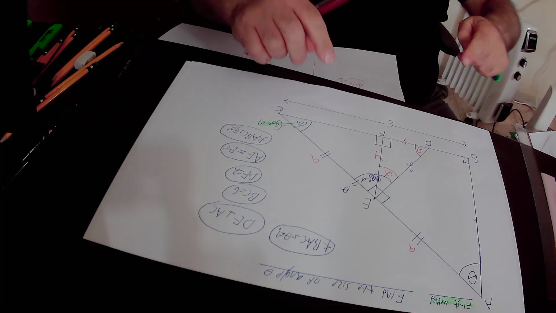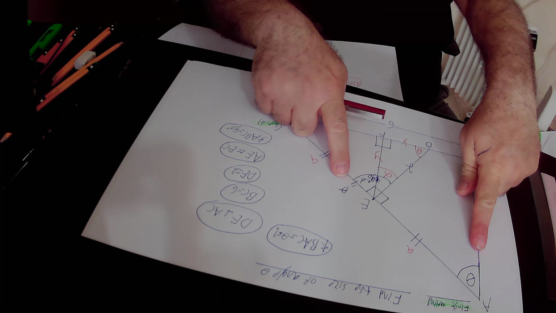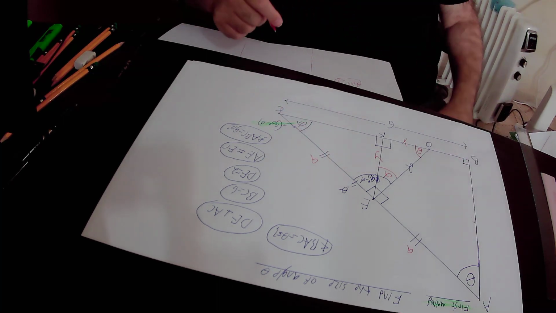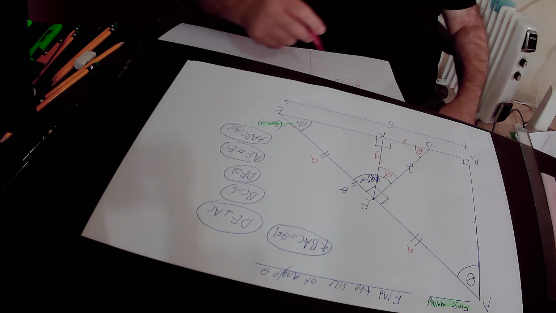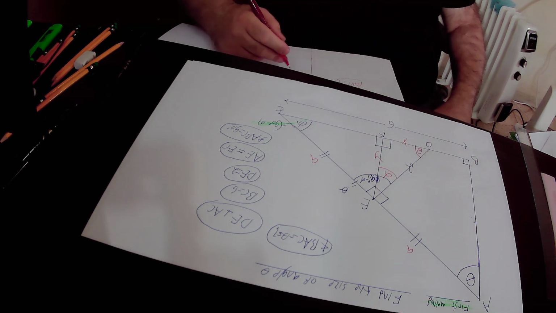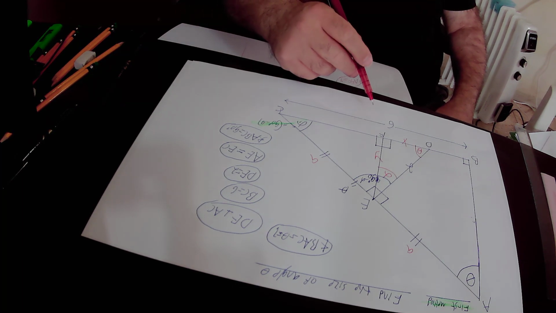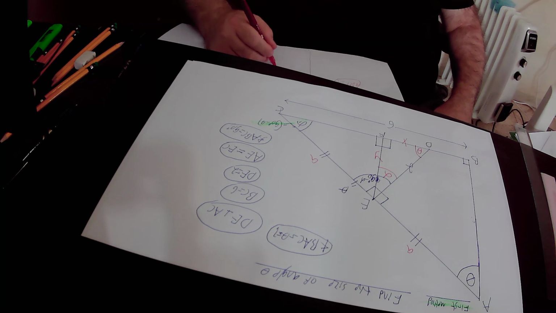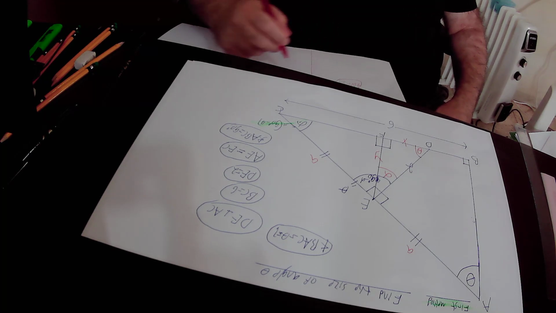And the third angle, those two angles are equal to each other, they are both equal to theta. So angle BAC, this angle in triangle ABC, is equal to angle FEC, and both angles are equal to theta.